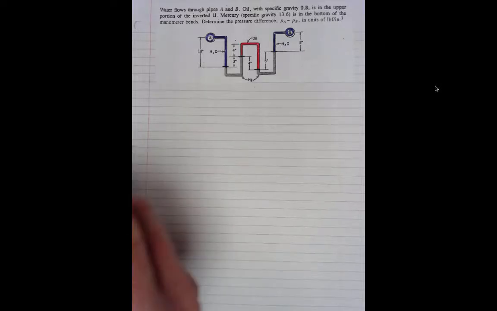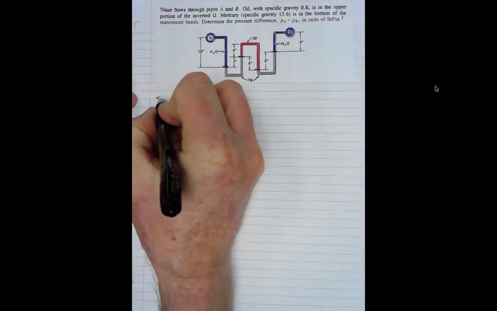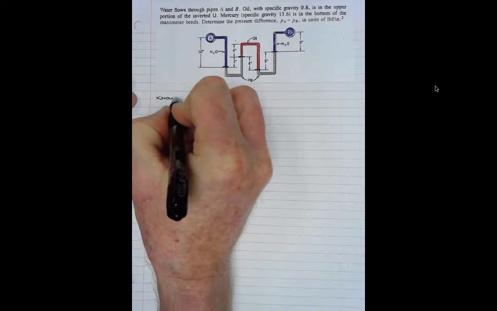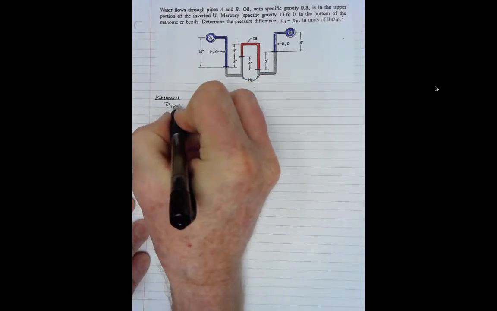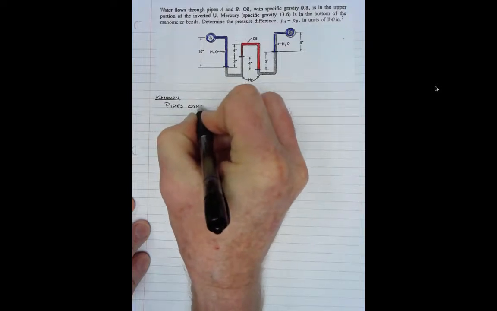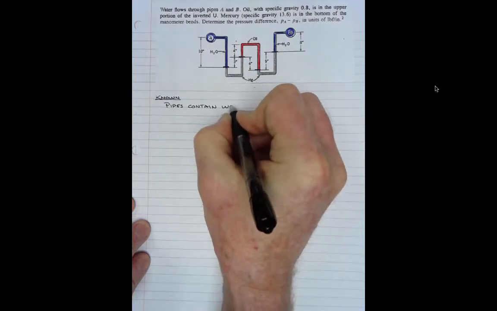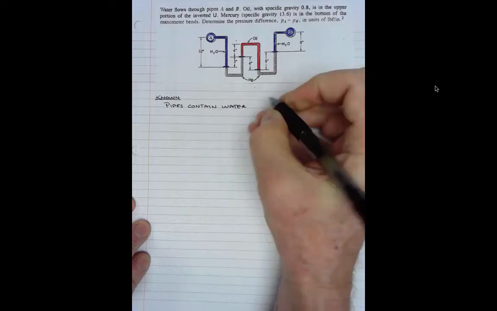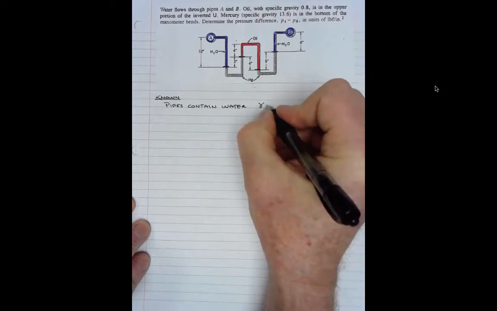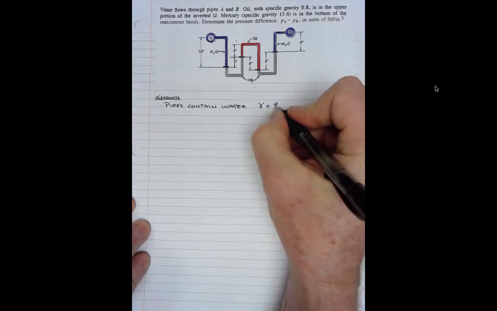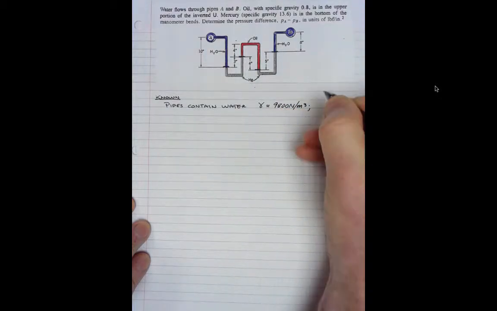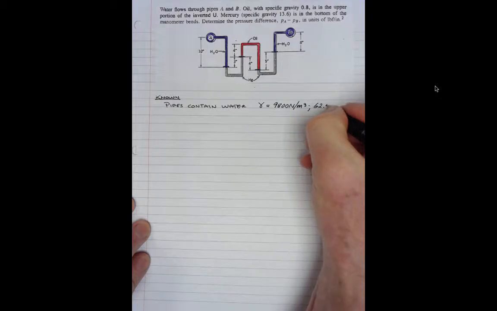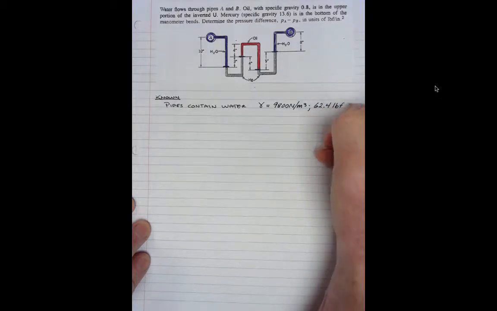So let's just follow our procedure and we'll list the known values. So we know that the pipe contains water, and its specific weight is 9,800 newtons per meter cubed, same as 62.4 pounds per foot cubed.